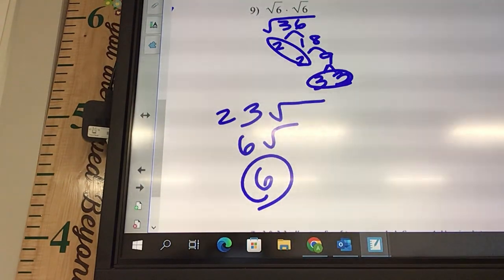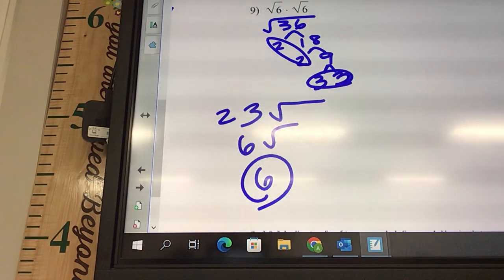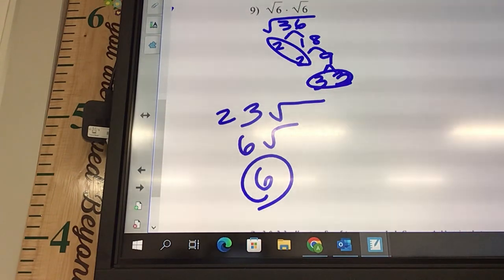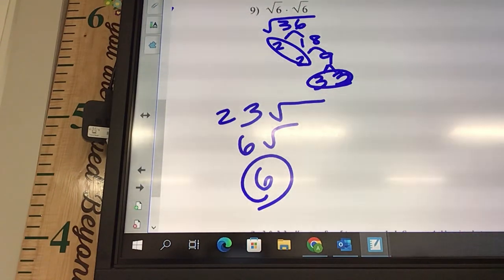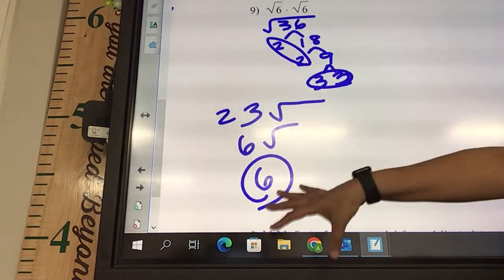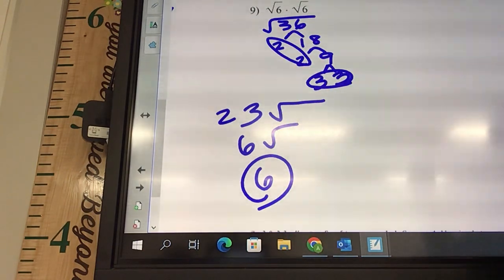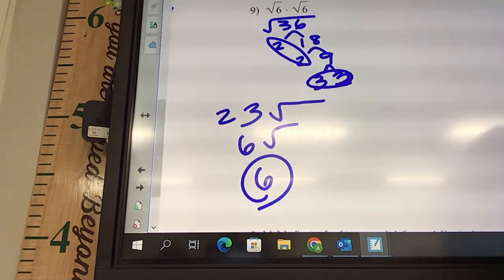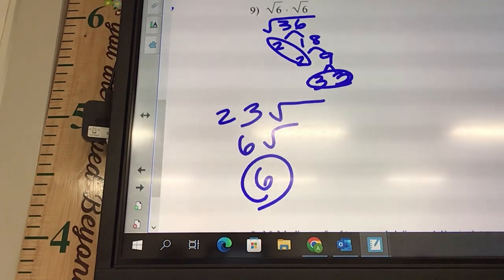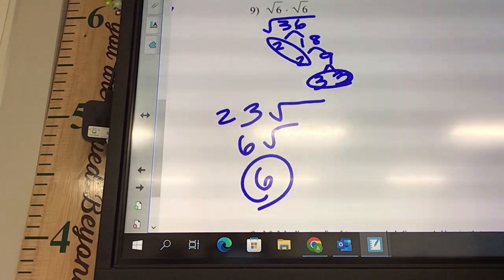I can tell you for sure, if you do not know your perfect square roots already, you need to probably start learning. When you go to Algebra 2, they don't do the tree method. They do the memorization method, meaning you need to pull out the perfect root. So out of 150, you should be able to pull out the perfect root.